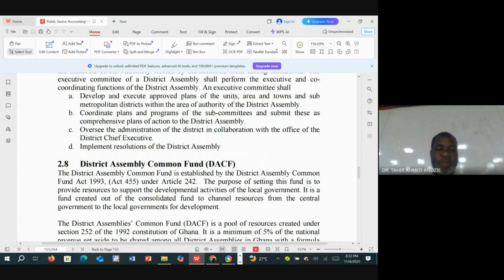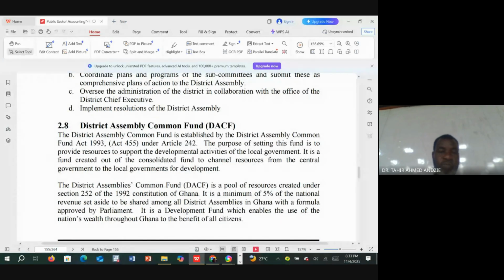So we have the District Assembly Common Fund. We have talked about this fund already. The District Assembly Common Fund is established by the District Assembly Common Fund Act under Article 242 of the 1992 Constitution, right?